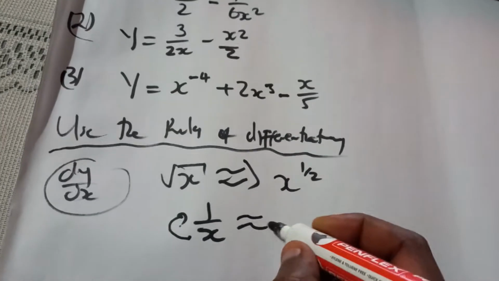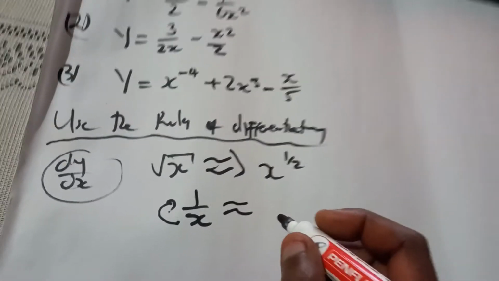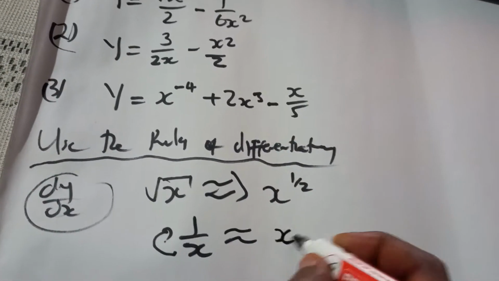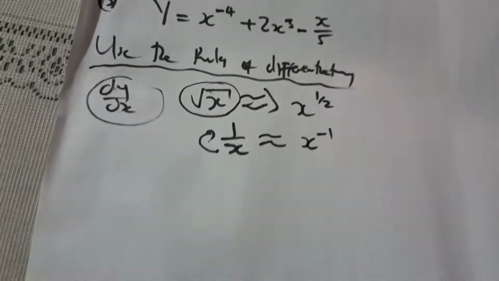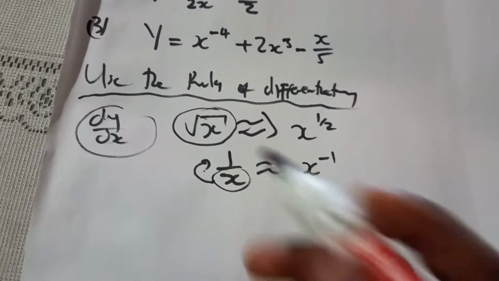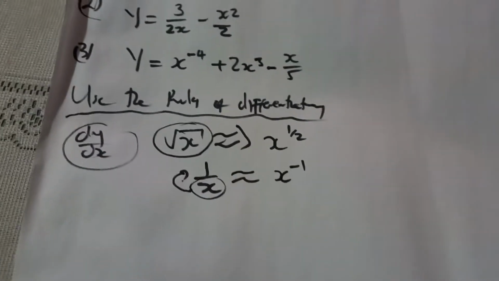How do you take the x to the top? Meaning you're going to negate the power, so it's going to be x to the power negative 1. You can't differentiate x when it's like this. You can try, but it's just going to mess up your life.